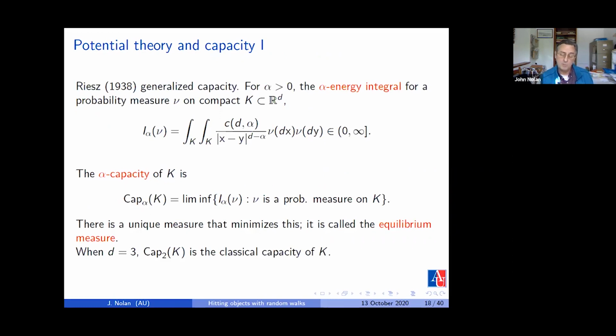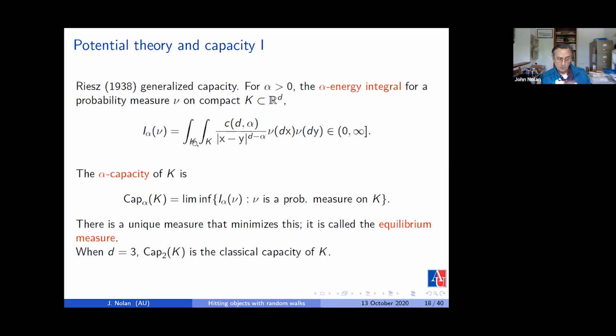We're going to use random walks and mean times. So here are a couple of pages that are more mathematical. This is potential theory. And I'm going to start with the work of Marcel Riesz in the late 30s. He generalized capacity. So I'm going to pick a positive number alpha. I'm going to define the alpha energy integral, if I have a probability measure nu on a compact set K, again in R^d.